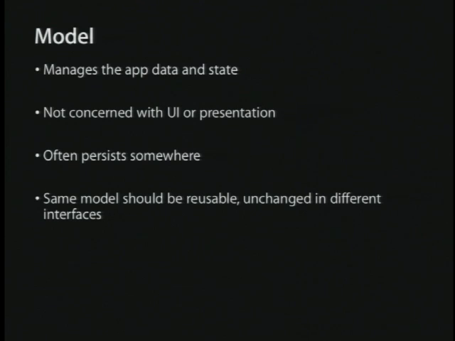Again, if it's a database, you would save it in Core Data or SQL. It may persist on the network somewhere, which is what you're going to fetch. The same model should be reusable and unchanged in different interfaces. So if you have an application that represents some data set, let's say that's the data representing the population and their voting information.